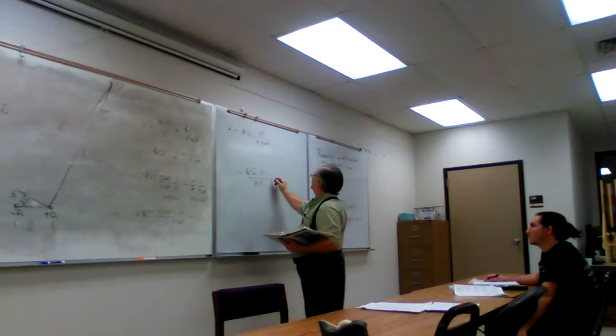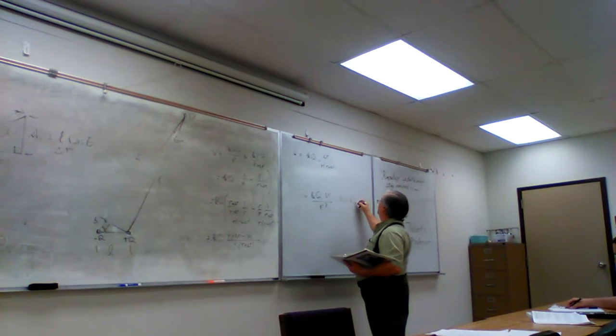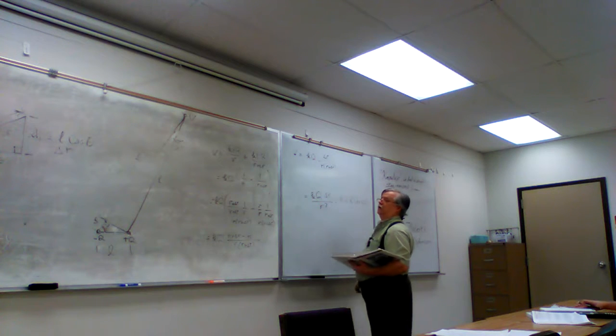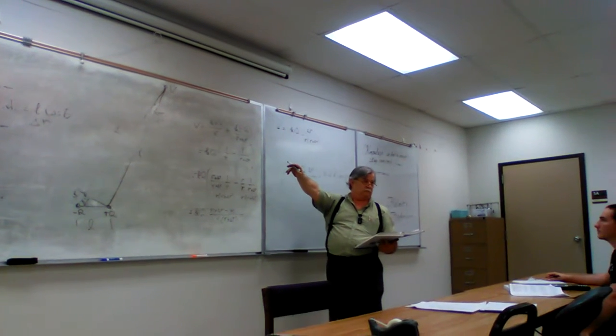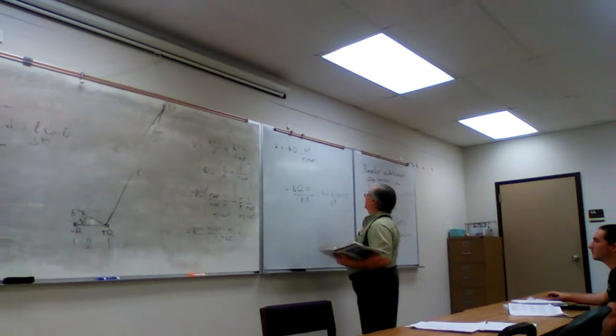So we rewrite that delta R as L cosine theta, remember? Divided by R squared.